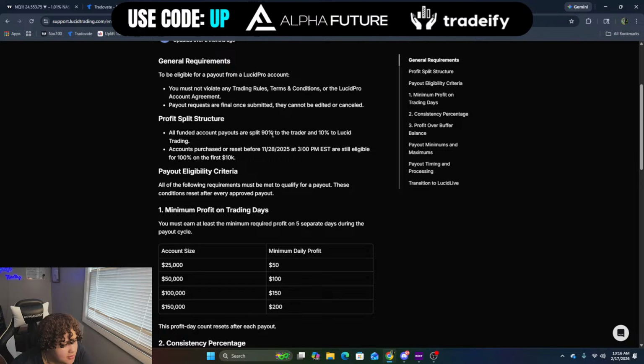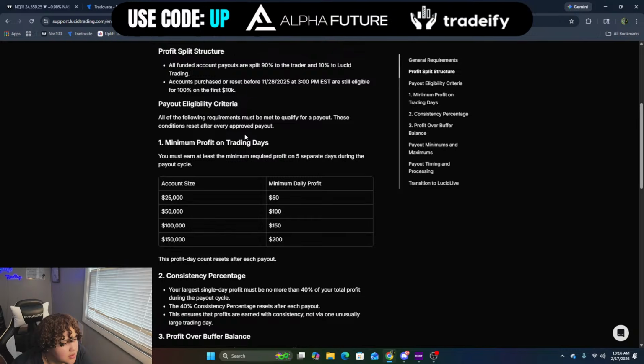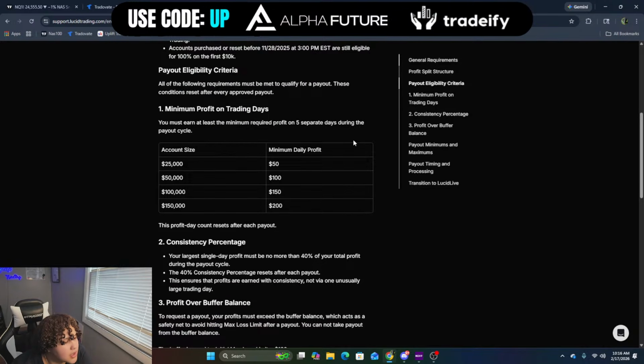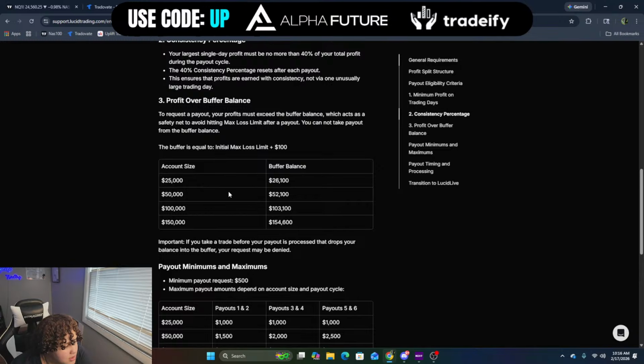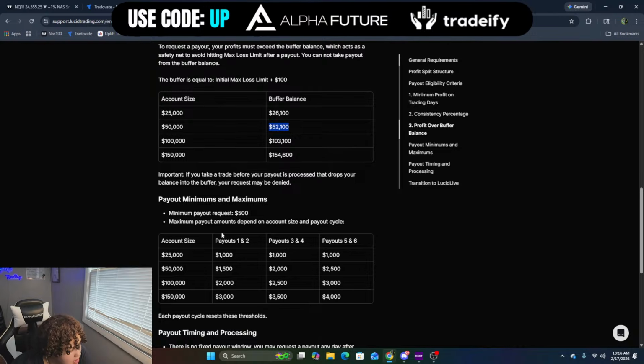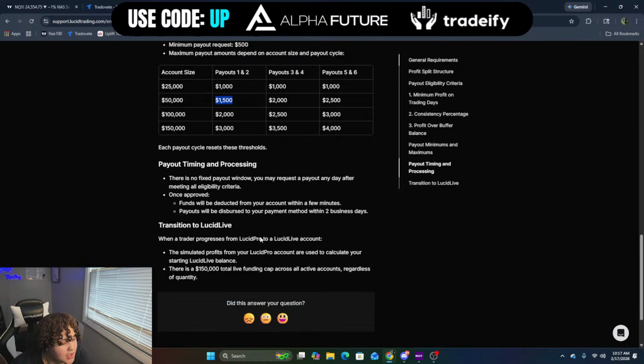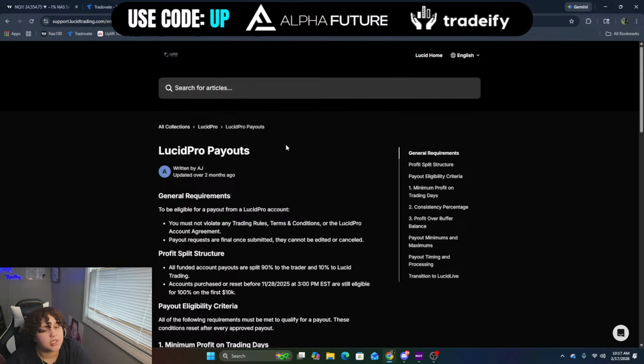What's the difference with their Pro account though? Okay, 5 profitable days, 40% consistency. That's not horrible. And then you need a buffer. And then your payout is capped. Like, what the heck? I don't like their capped payouts, but I do think they have decent rules.